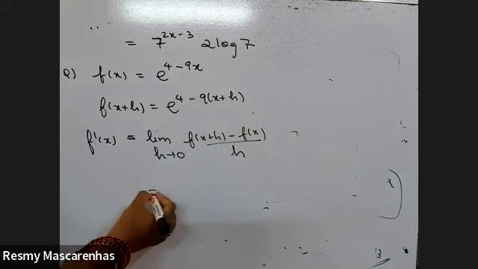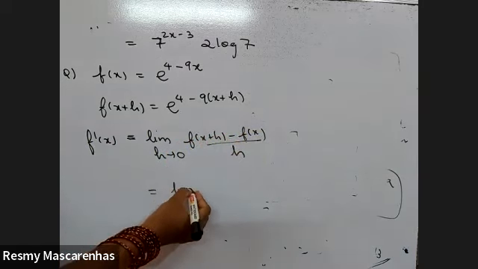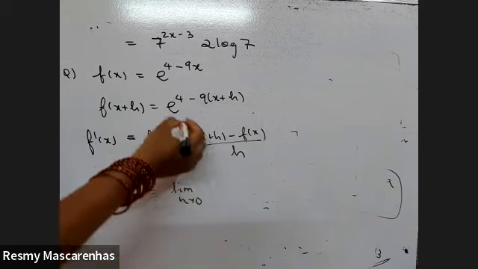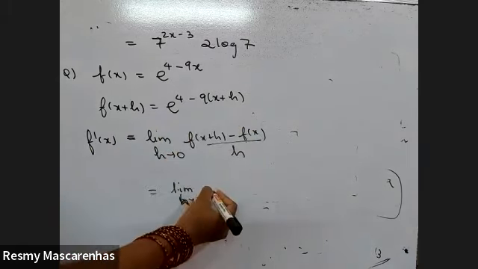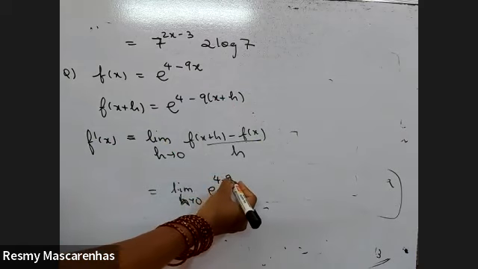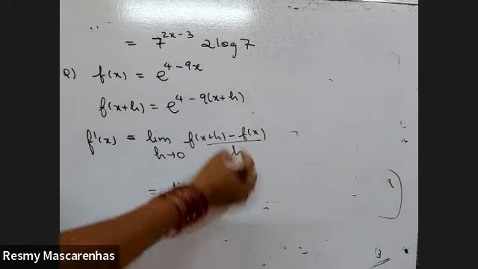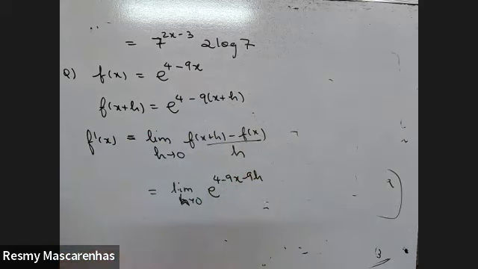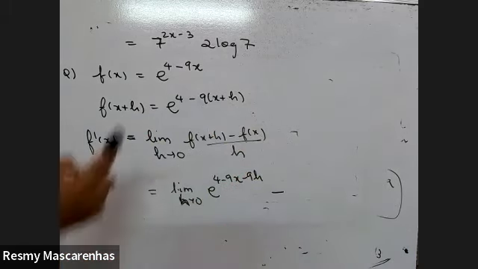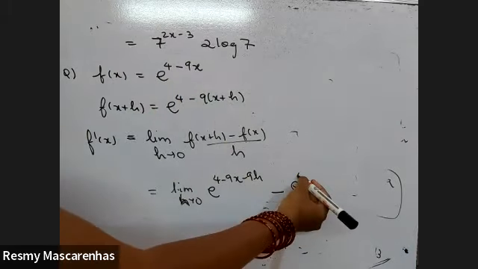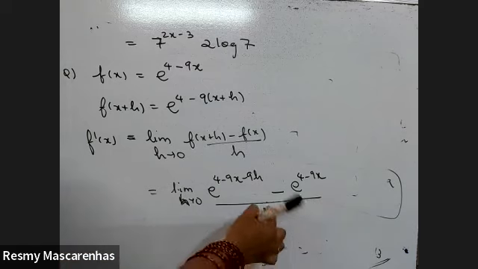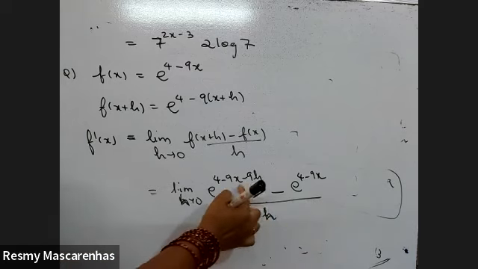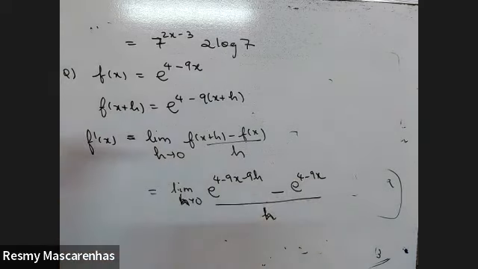So this will be limit h tending to 0. This is 4. Everything is substituted. I'll open the bracket. f of x is this. Same like the previous problem, arrange the terms same like this one.